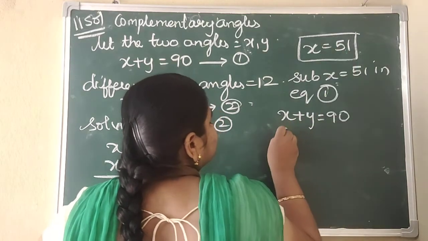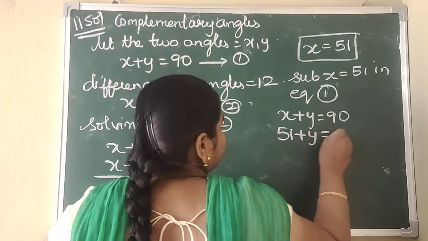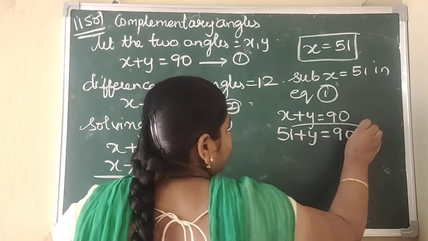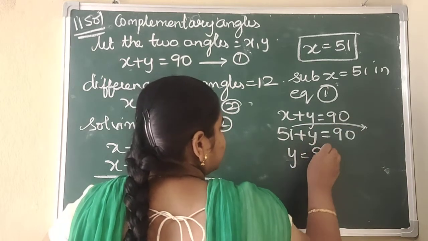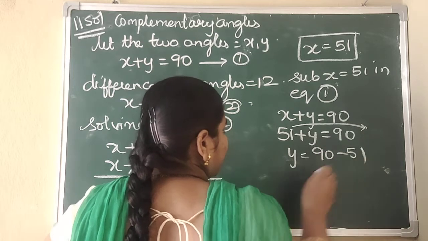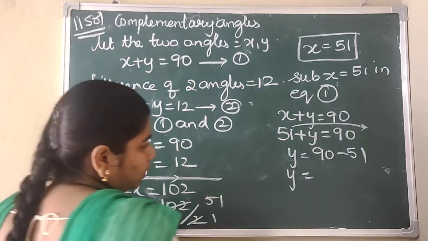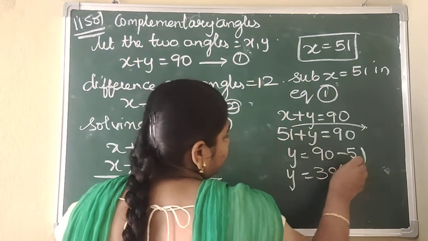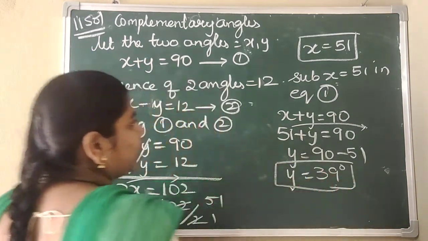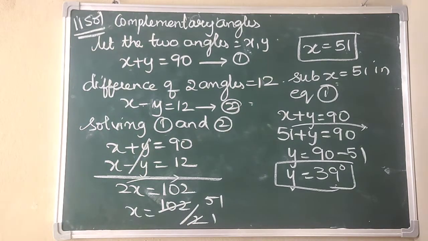The x value we got as 51, so 51 plus y is equal to 90. Transposing 51 to the other side, y is equal to 90 minus 51, which is 39 degrees. So the first angle is 51 degrees and the second angle is 39 degrees. So this is our 11th solution.